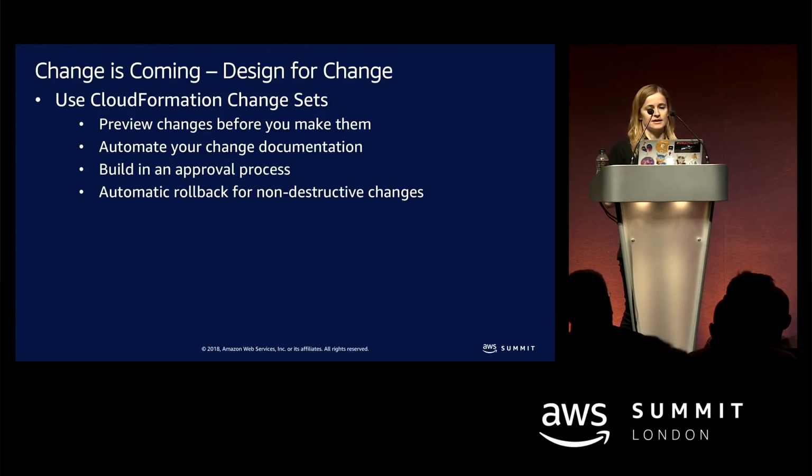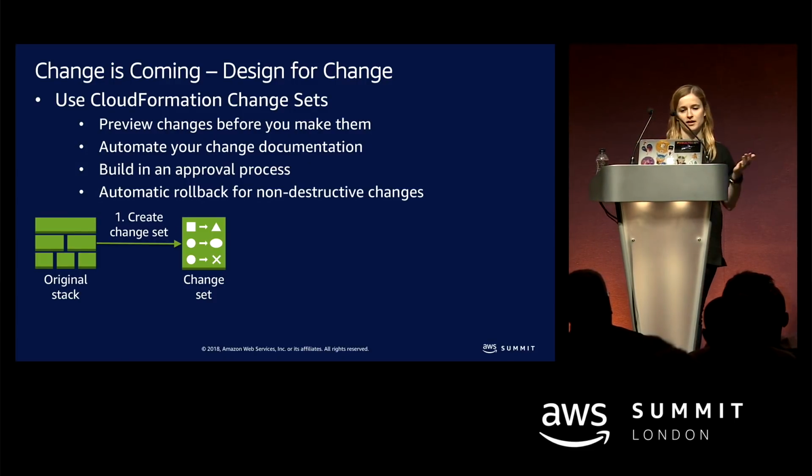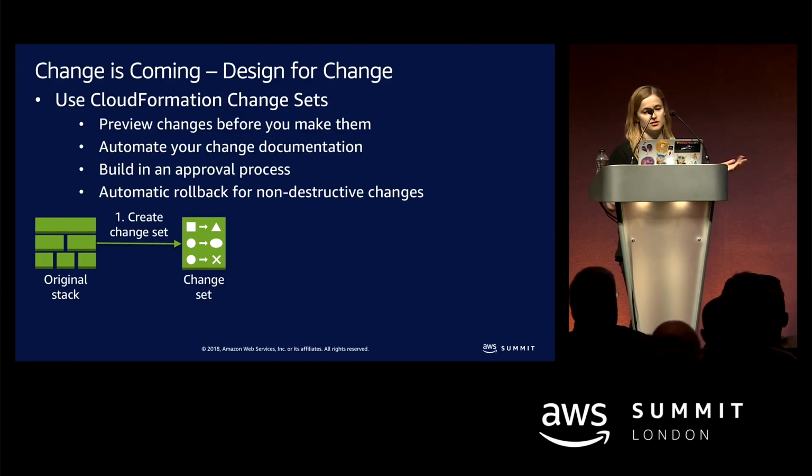We'll look at an example of replacing a standalone web server with an auto-scaling group and a load balancer. With a CloudFormation change set, you would have the original stack that created the web server, and then you would create a change set where you would create an auto-scaling group and auto-scaling launch configuration, and you would create a load balancer, and then you would remove the instance.